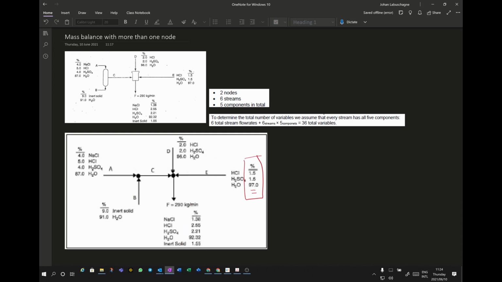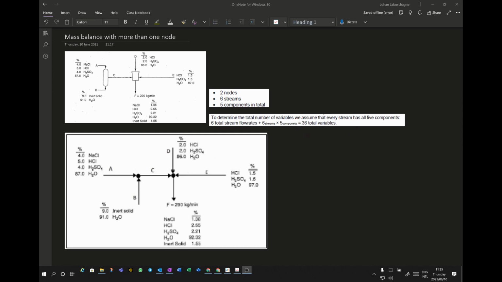Next, we can use this knowledge that we have 2 nodes, 6 streams, and 5 components to do an analysis on the system. We need to figure out how many variables we have first. The variables are going to be in every stream, let's say for instance stream E: the 5 fractions for the 5 components plus that stream's flow rate, giving me 6 variables per stream, and because there are 6 streams, we're going to end up with a total of 36 variables.